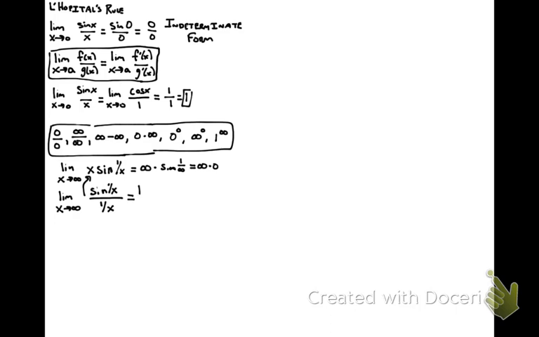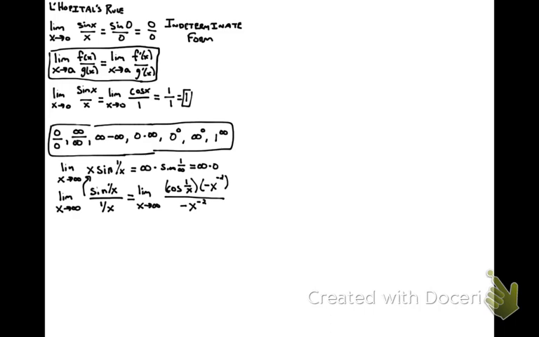This will be equal to the limit as x approaches infinity of the cosine of 1 over x times the derivative of the inside by the chain rule. So this would be negative x to the negative 2 over negative x to the negative 2.